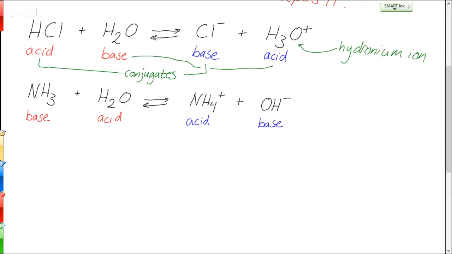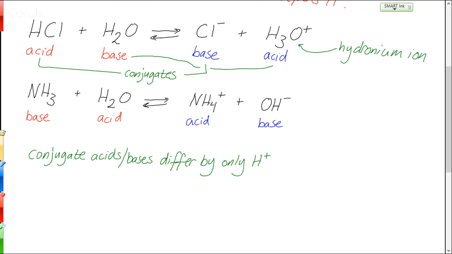Let's write that down here. Conjugate acids and bases differ by only H+. So only a hydrogen difference between a conjugate acid and a base, or an acid and a conjugate base.